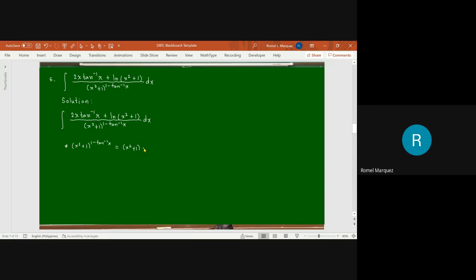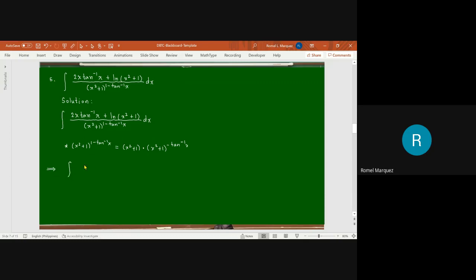And then after that, what comes next? So the integral, this integral, I have to split that now. So let's split into integral of what? Into 2x tangent inverse of x over, then dx over this thing.